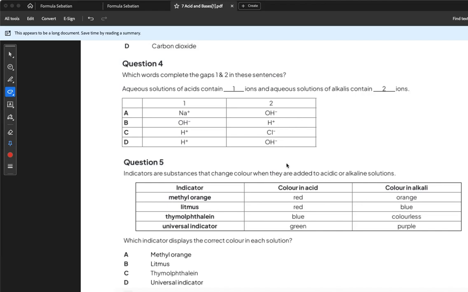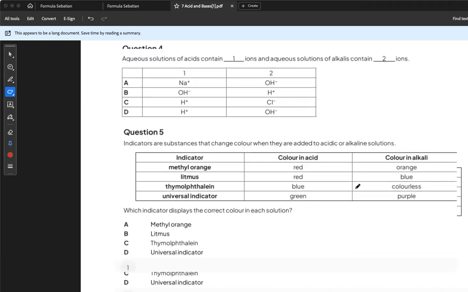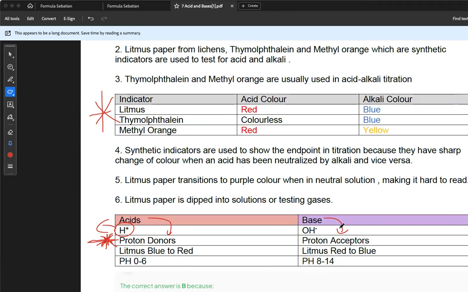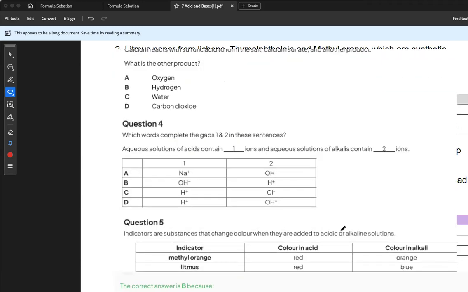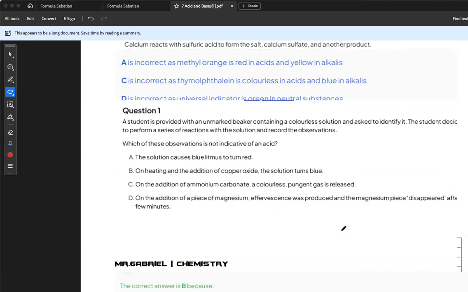The bottom three will not be in your syllabus. Are you guys done?